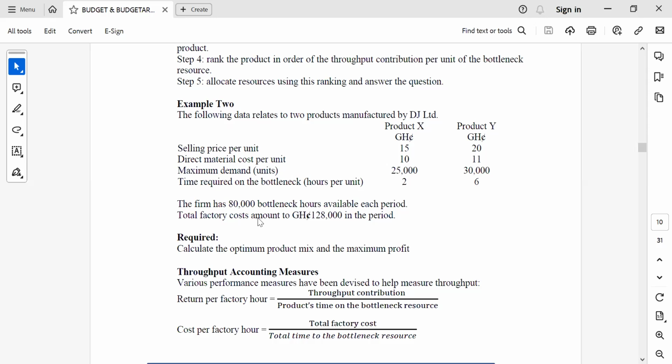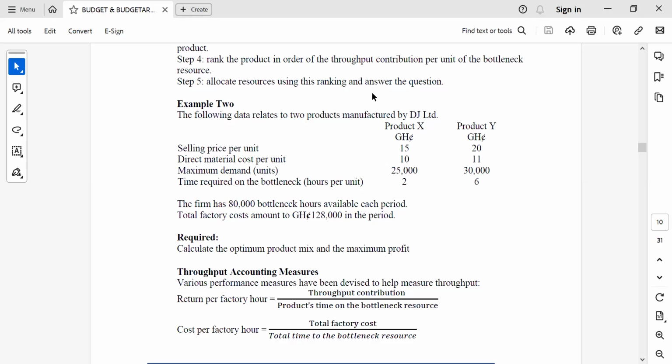The following data relates to 2 products manufactured by DGA Limited, product X and product Y. Selling price per unit, 15 cedis for product X and 20 cedis for product Y. Direct material cost per unit, 10 for product X and 11 for product Y. Maximum demand, 25,000 for product X and 30,000 for product Y. Time required on the bottleneck, hours per unit, product X 2, product Y 6.